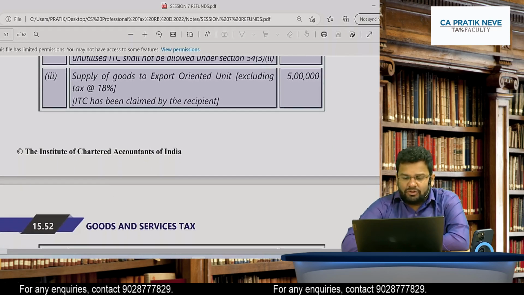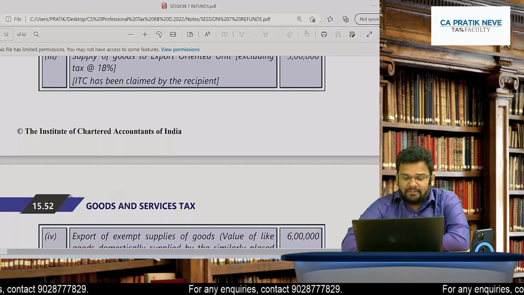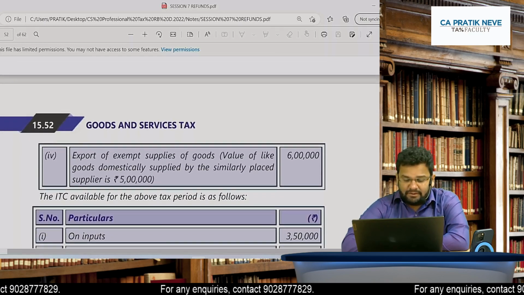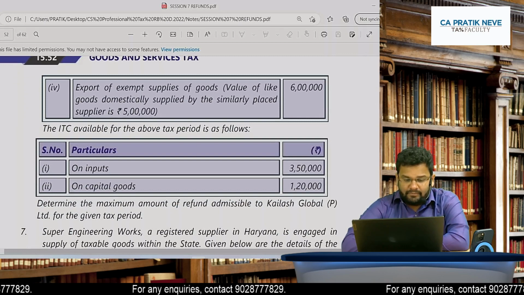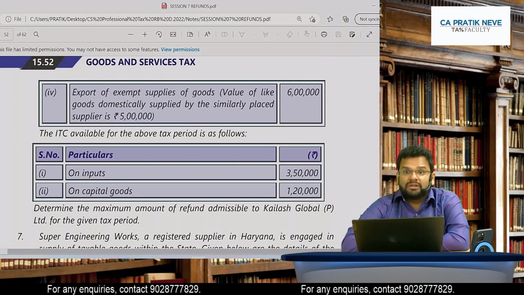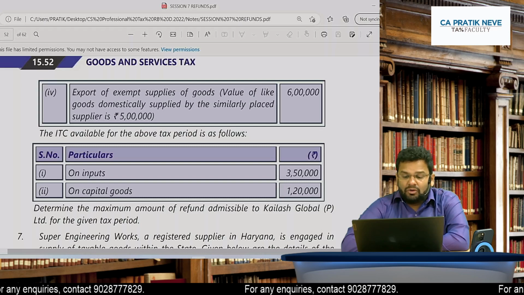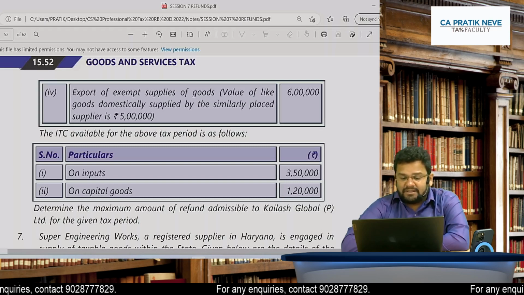Supply of goods to export oriented unit excluding tax, ITC has been claimed by recipient. Export of exempt supplies of goods, in bracket, value of like goods domestically supplied by similarly placed supplier is 5 lakhs.